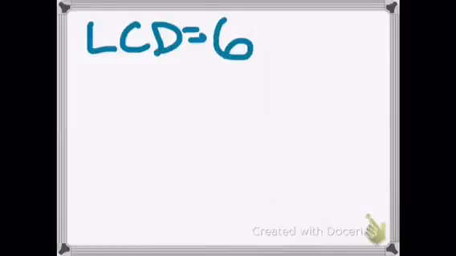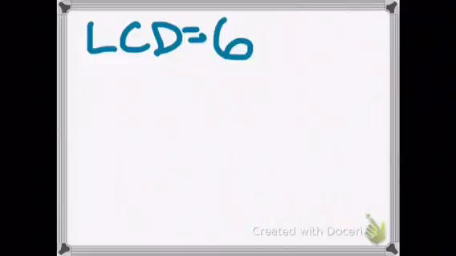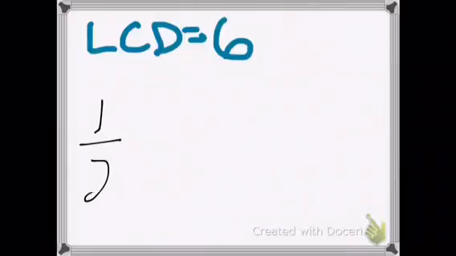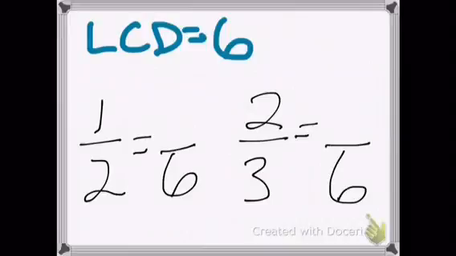Because our least common denominator is 6, now we need to change both of our fractions into something with a denominator of 6. Our original fractions were 1/2 and 2/3. We're going to say 1/2 is the same thing as how many sixths, and 2/3 is the same thing as how many sixths.